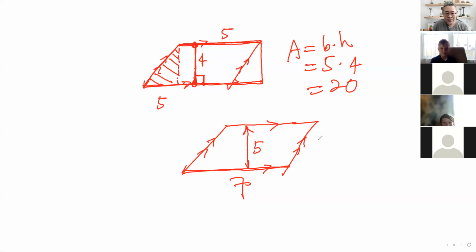Some connection issues. Okay, now we know how to do a square, which is this. Then we know how to do rectangle, and then we know how to do parallelogram. So now we're going to do trapezoid. A trapezoid has two parallel sides, this side and this side, and then we have something like that.